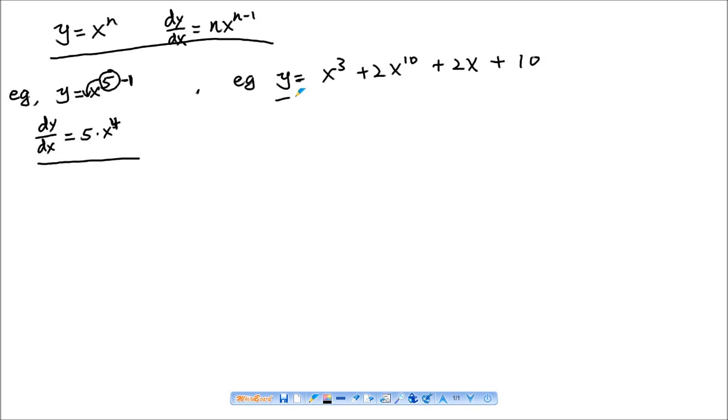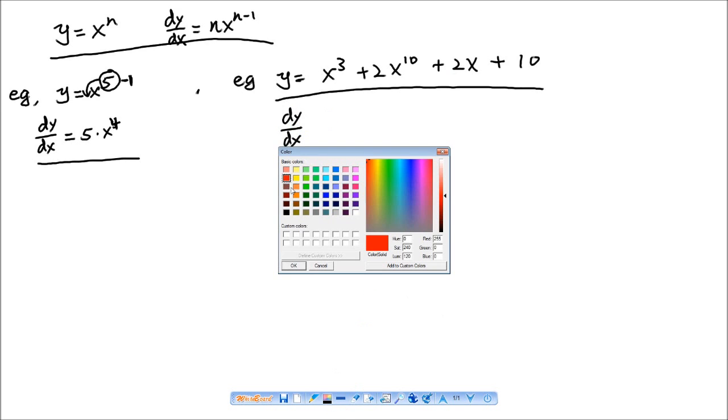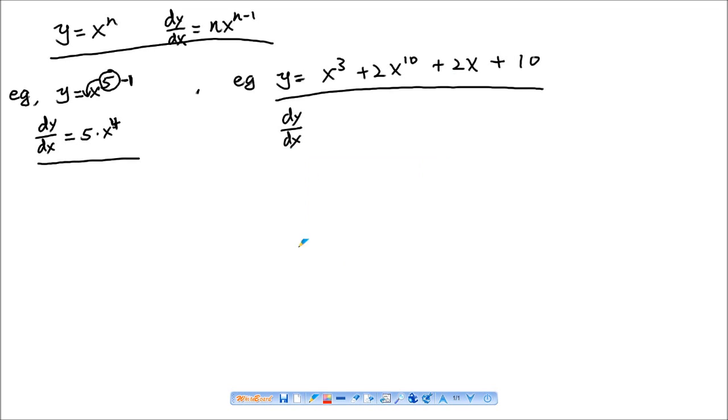To differentiate this kind of function, what you need to do is to differentiate each term individually and add them together at the end.